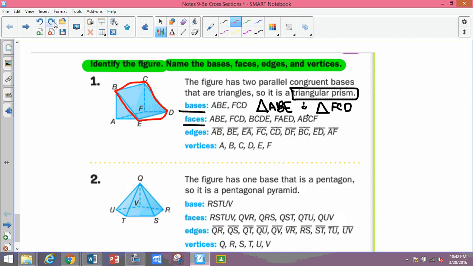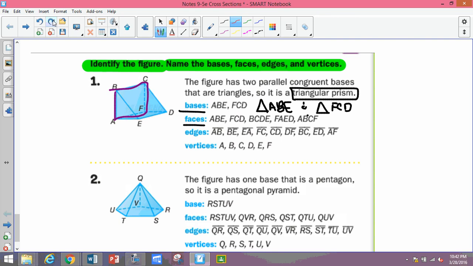Then you have a face. The face is what makes up the sides of that triangular prism. And you have to identify the vertices that make up that. So you have B, E, D, C, and then you have A, E, D, F, and then you have B, C, F, A. Okay?